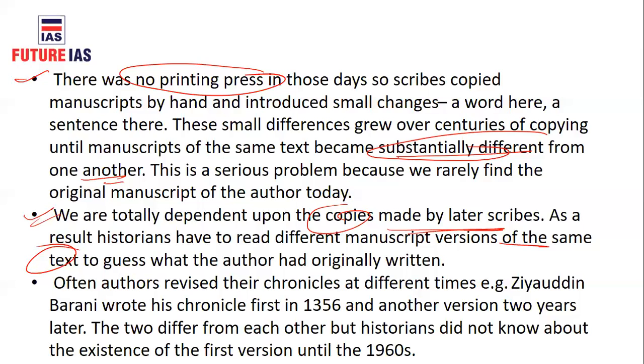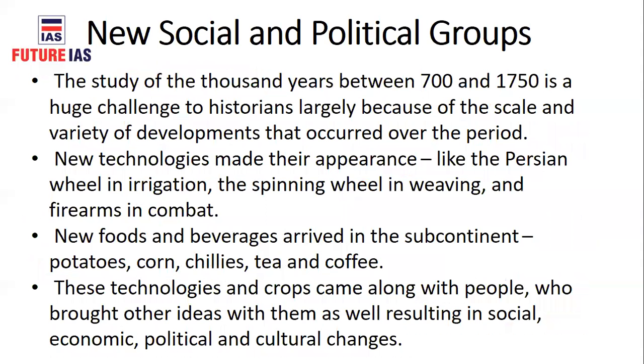These two differ from each other, but the historians did not know about the existence of the first version until it was discovered in the 1960s. So this is another set of problems the historians face: in the absence of such discoveries, it will be very difficult to relate it to its roots.